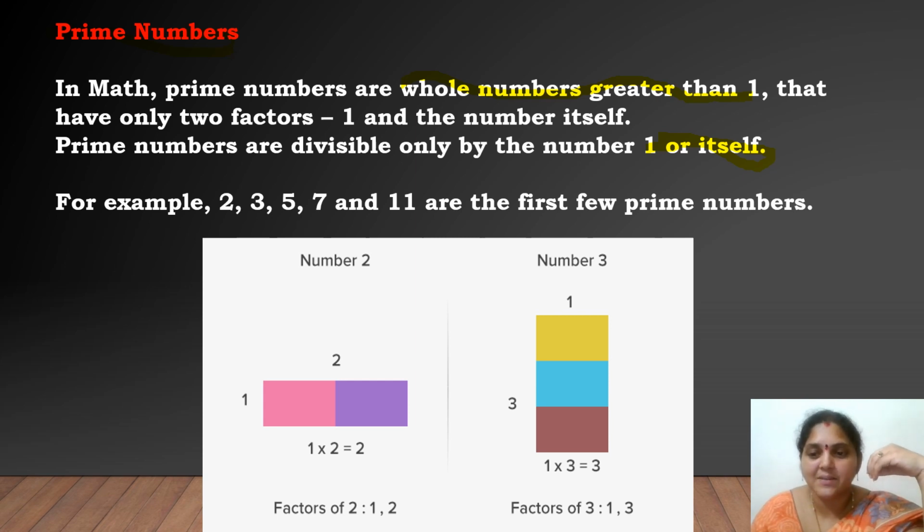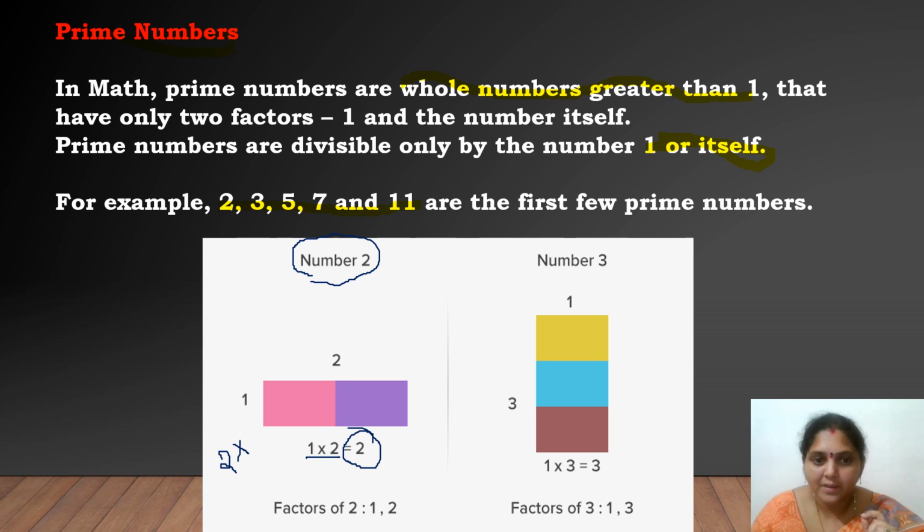Here I have taken a few examples of prime numbers. My first few prime numbers are 2, 3, 5, 7 and 11. If you observe the number 2, as I explained just now, 1 into 2 is equal to 2 and 2 into 1 is equal to 2.